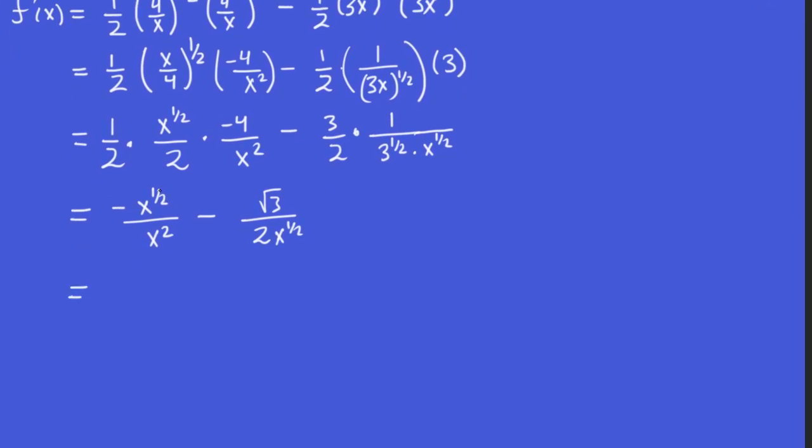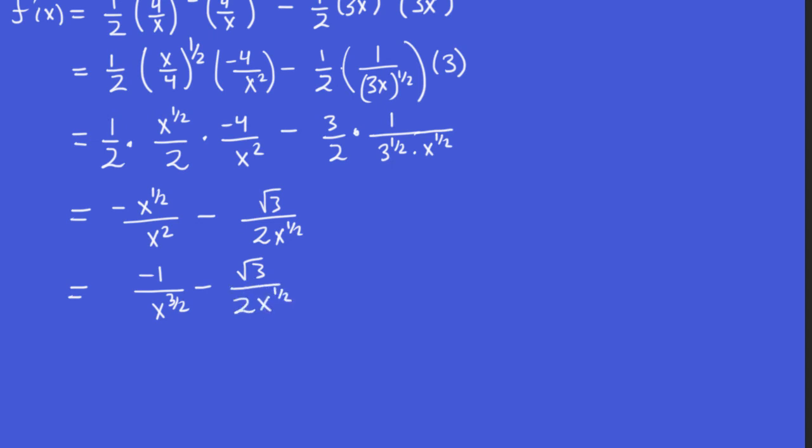This can be simplified as well. A half and, why don't we think about bringing this x to the half to the bottom? It'll become x to the minus 1/2. And then 2 minus a half is 3 halves. So we'll have negative 1 over x to the 3 halves minus root 3 over 2x to the 1/2.